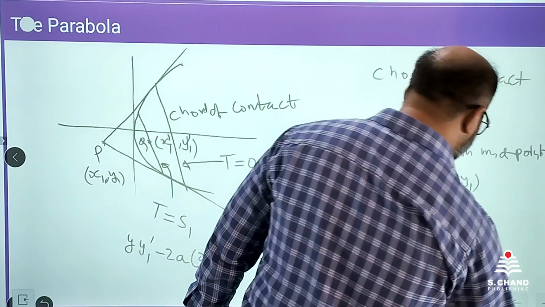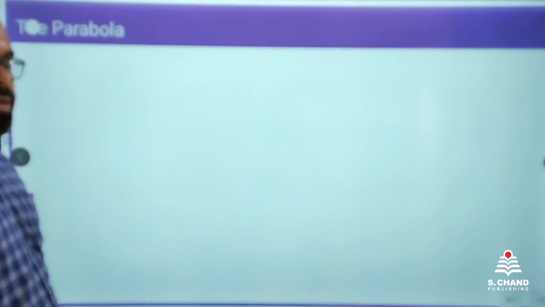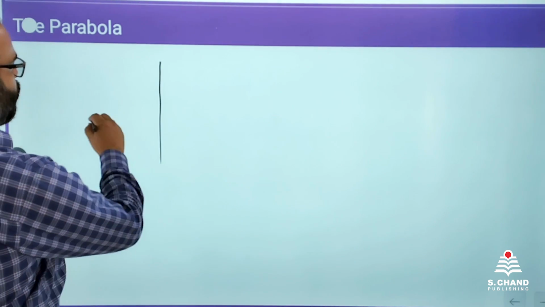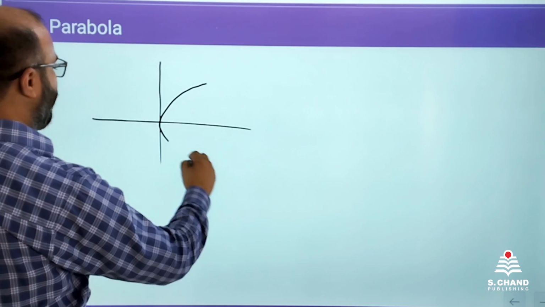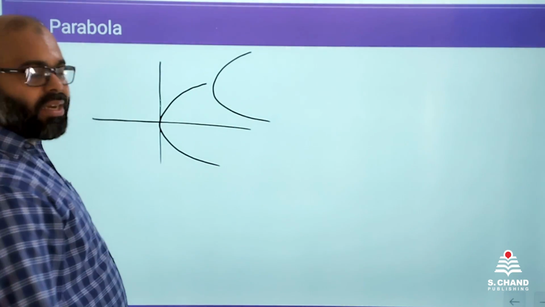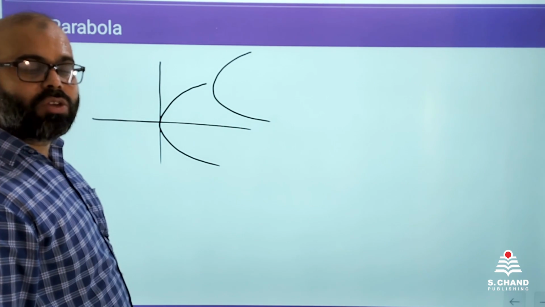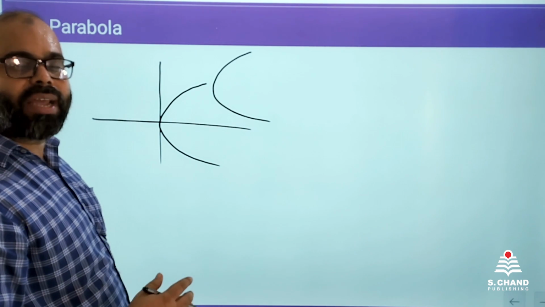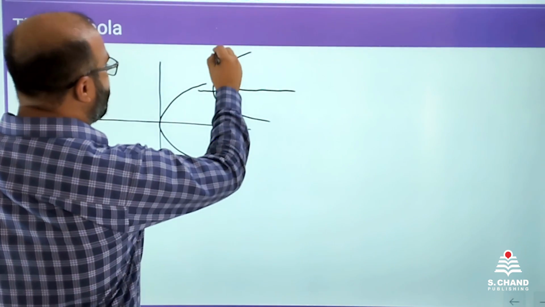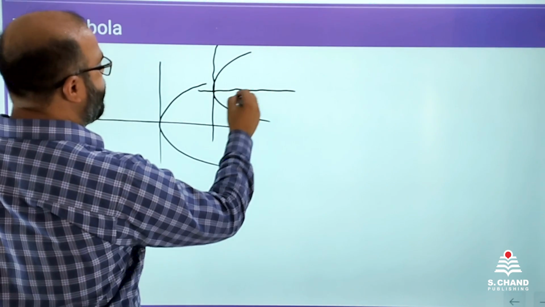Further, we can talk about some more things about the parabola. We have a shifted parabola also. If a parabola is like this and we have shifted or translated its axis somewhere, keeping the x and y axes parallel to the new axis of the parabola and the tangent at the vertex, then this will be the new tangent at the vertex and this will be the new axis of the parabola.